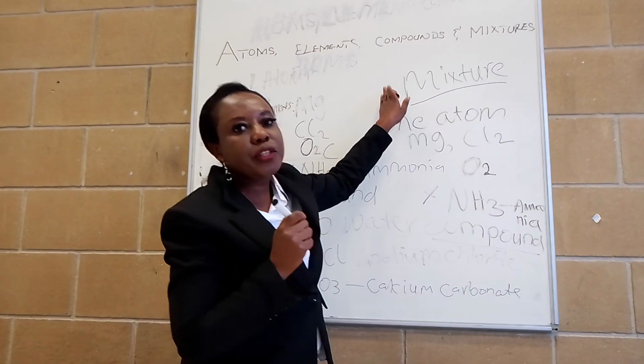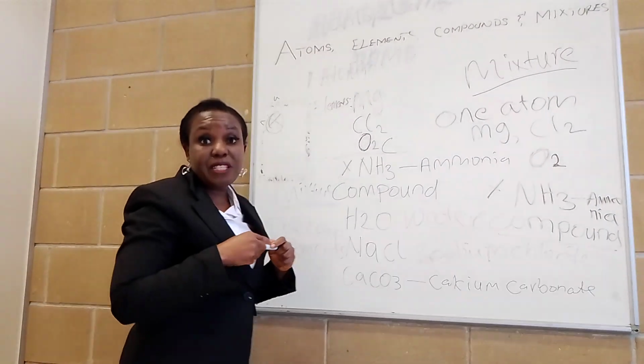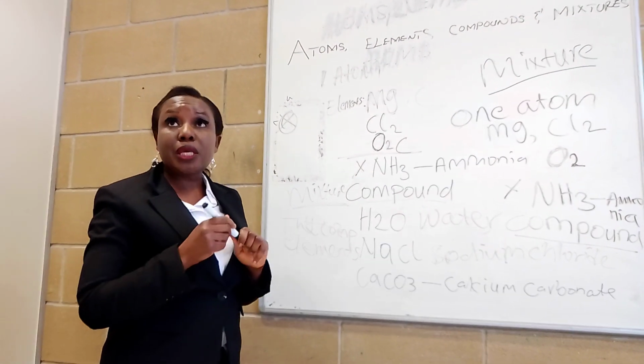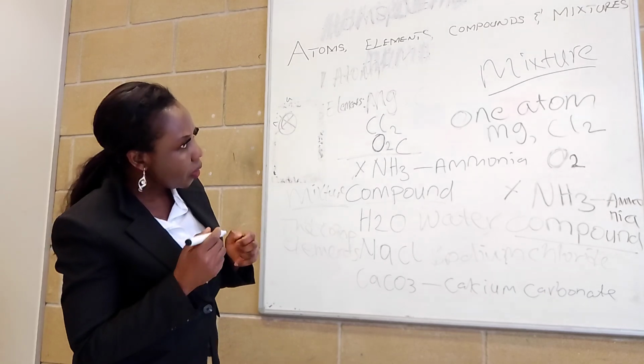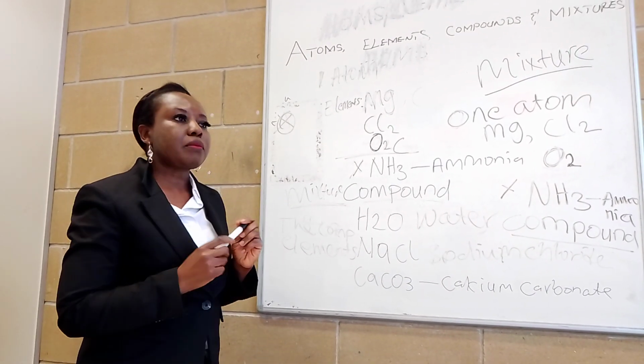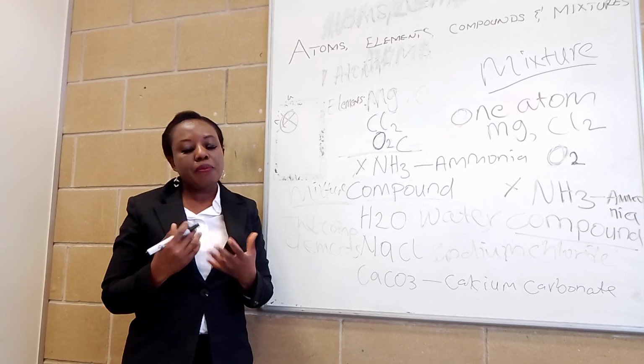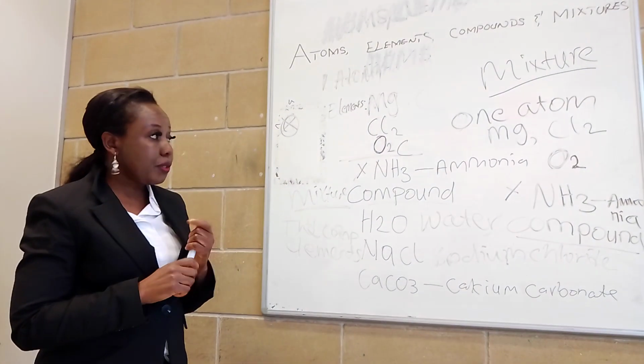It can be separated using physical methods. What are the physical methods that can be used in separating mixtures? Physical methods such as filtration, chromatography, crystallization can be used in separating mixtures.